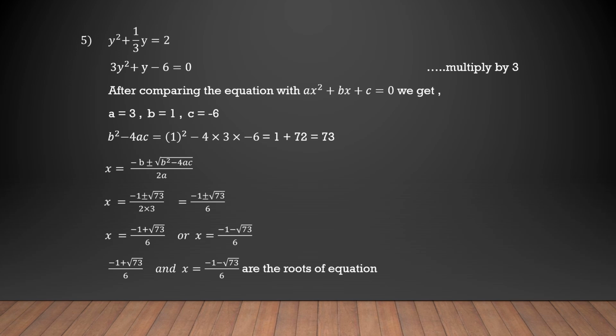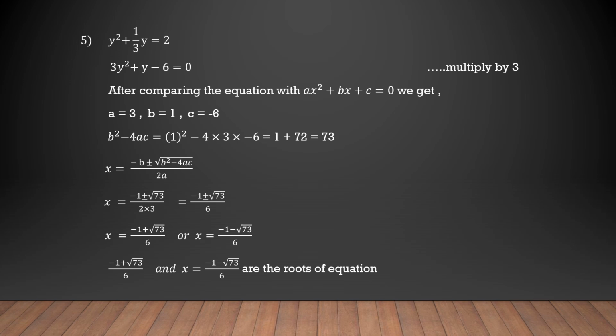So we write √73 by 2 into a, a is 3, 2 into 3, which is 6.